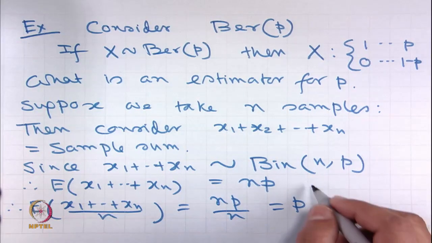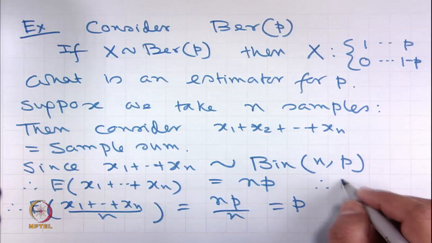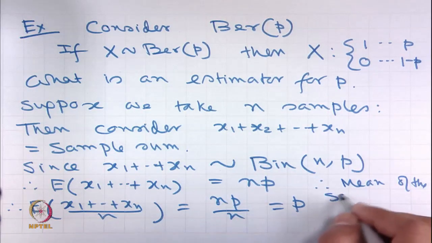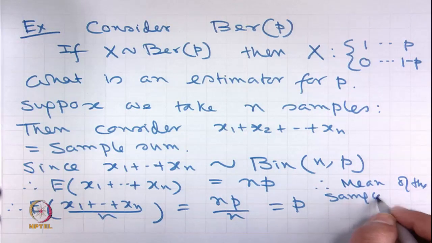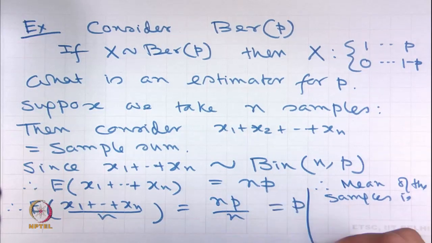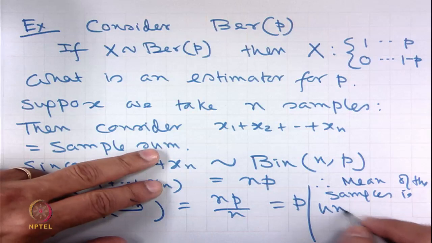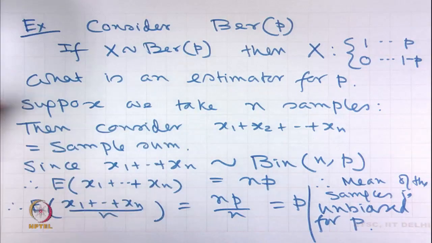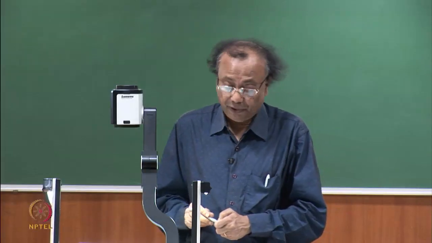Therefore, the mean of the samples is unbiased for P. Let me warn you on a point.